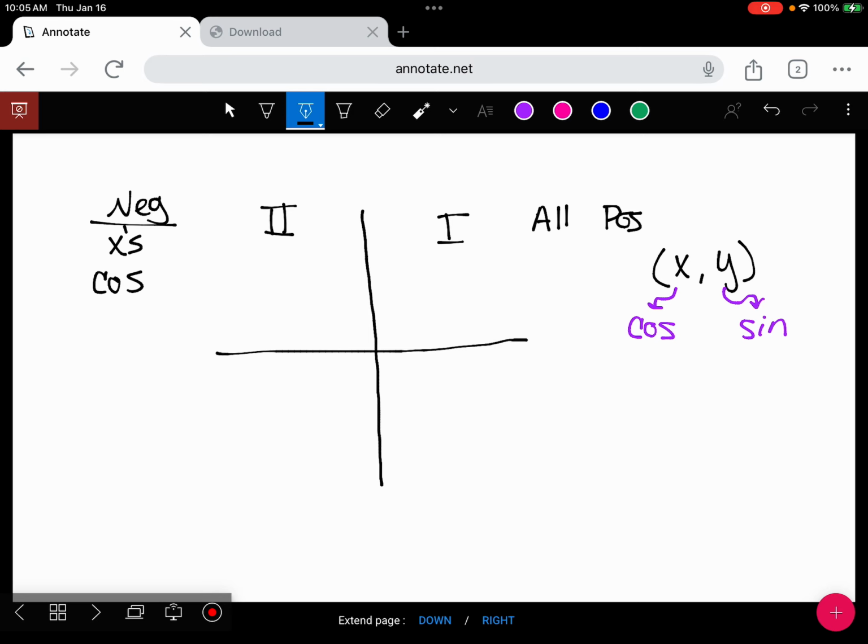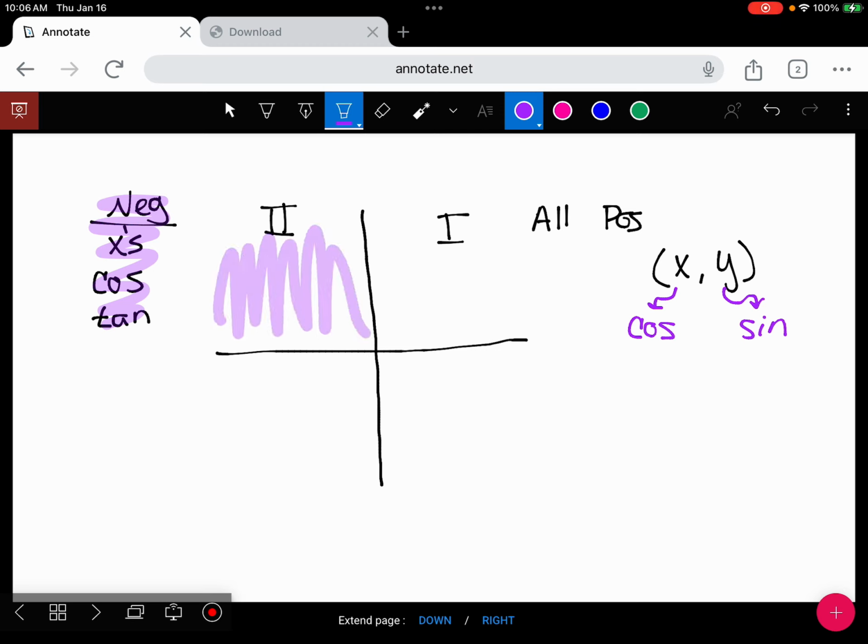Negative, because I have a positive sine, negative cosine. Sine over cosine. Positive over negative is going to give me a negative. So tangent will be negative in quadrant 2. So these guys are all negative. X's, our x values. All right, so quadrant 2 has negative x values.